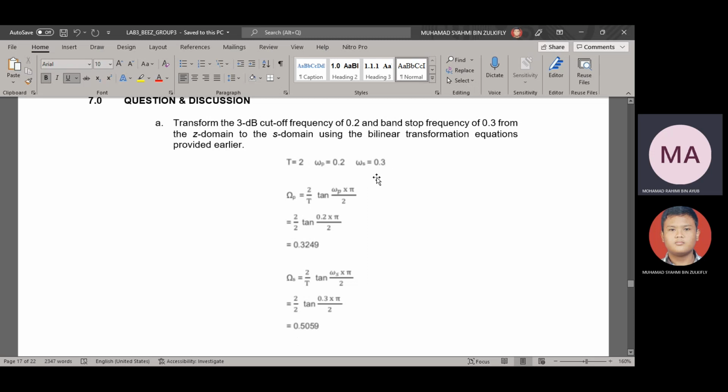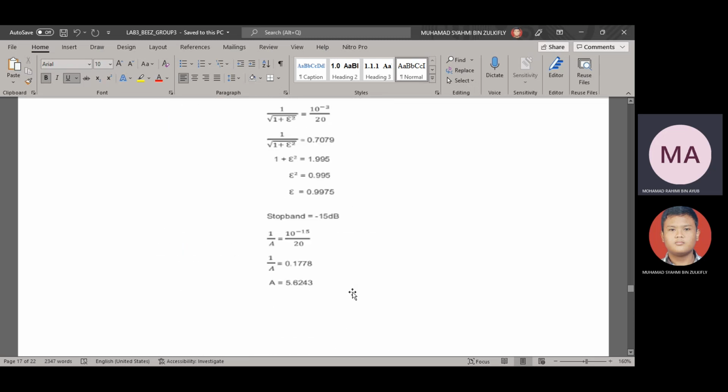So we use the formula P is equal to 2 over T tan omega P multiplied by pi over 2. So we insert the value and then we get the answer 0.3249, and for S is equal to 2 over T tan omega S multiplied by pi over 2, and then we got 0.5059.